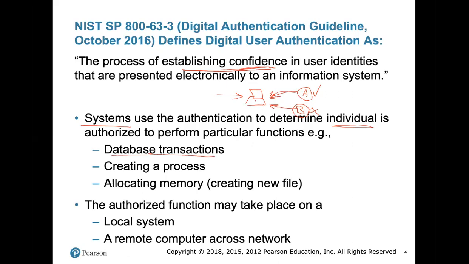That function may be creating a process. I intentionally made these two examples. You have a computer, and there is of course an operating system, and there are some processes running, process 1, process 2, and so on. And one user tries to generate a new process, for example, process 17.